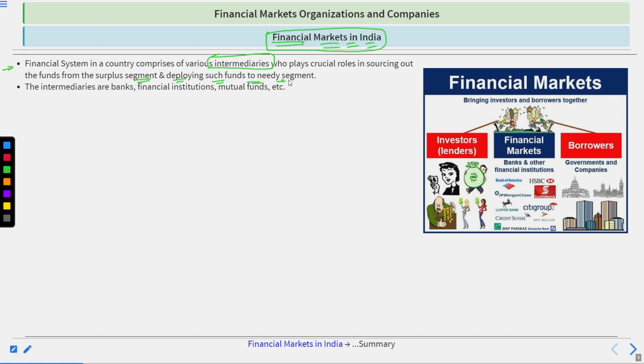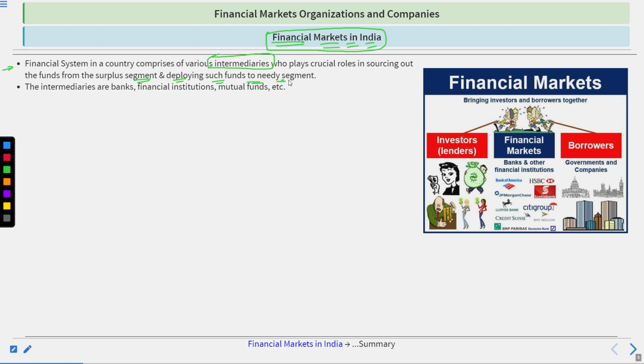They both will meet each other at the market. Mr. X will sell the funds on some terms and conditions, and Mr. Y will receive the funds on some terms and conditions. So now you can see it's just like any other market. Buying and selling of funds is there, from the surplus segment to the needy segment that requires some money.